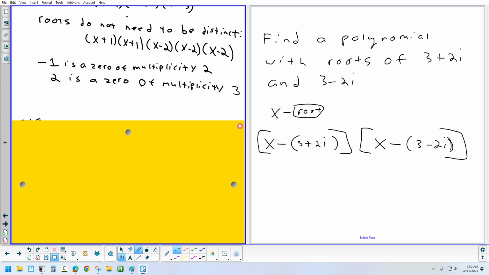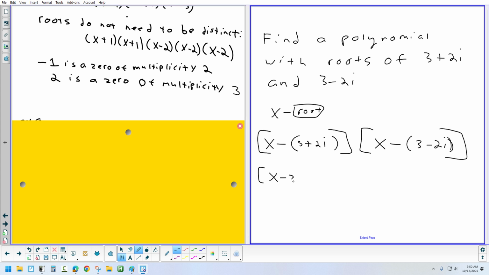So then you're going to have x minus 3 minus 2i, and you're going to have x minus 3 plus 2i.